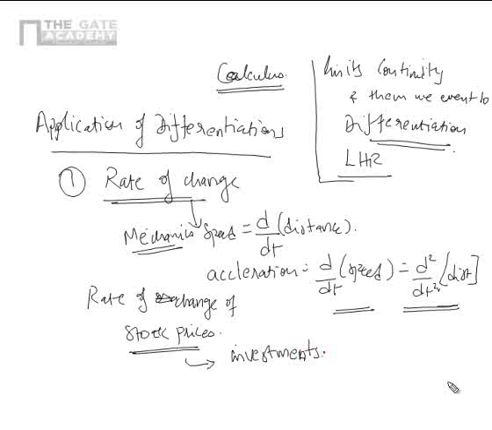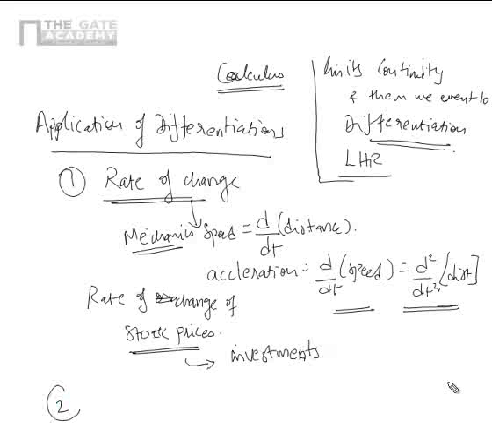This is one very good application. Similarly, I can find the rate of change of population, or the rate of change of some quantity, which will give me many other advantages in understanding the system. Clear? Okay, this is the first application.